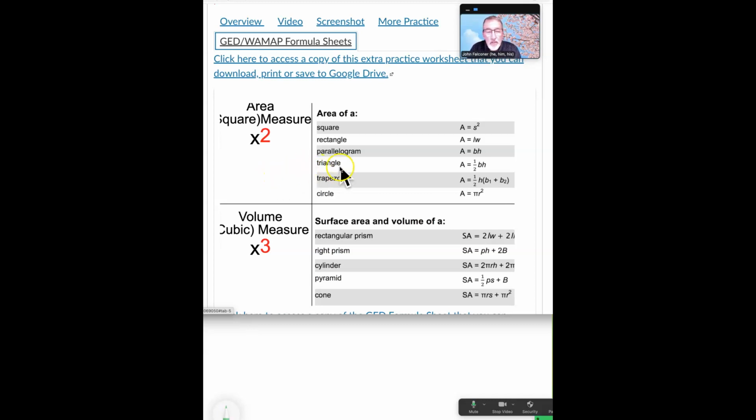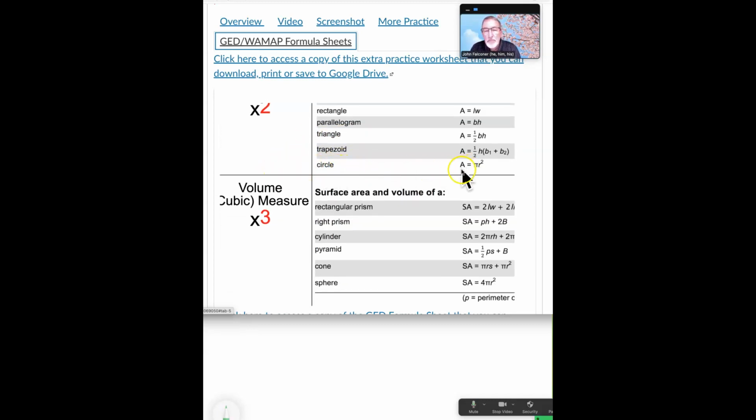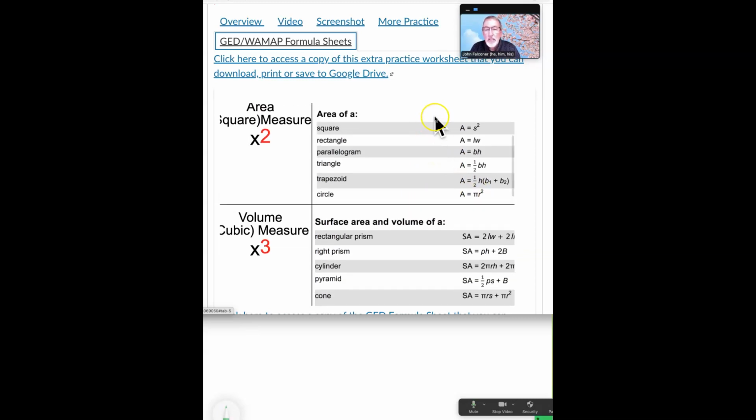Here we have area of a circle is pi r squared, so pi times the radius squared. So that's your squaring element. And then pi is the ratio of the circumference to the diameter, and that's what we use to calculate it. So area is always in square units, and you're always calculating two sides at a right angle.